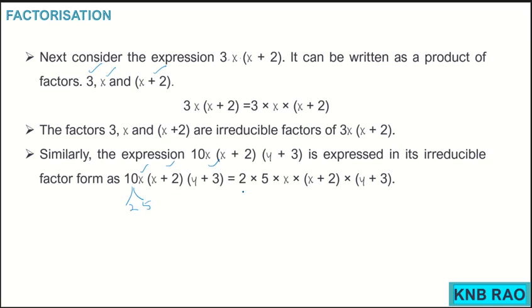So the irreducible form of this expression is 2 into 5 into x into (x plus 2) into (y plus 3). Observe, here you have x plus 2 within braces and y plus 3 within braces, which means the product of 2, 5 and x is multiplied by the sum of x and 2, and further that product is multiplied by the sum of y and 3. So we normally use the distributive property like that.